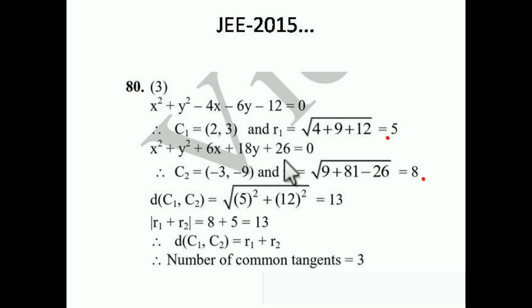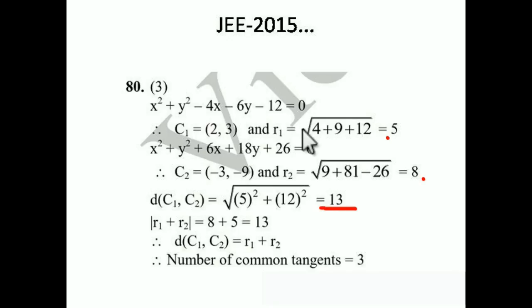Now for finding the common tangents, we just have to find the distance between the centers. The distance between the centers is C1C2. Let's do that. 2 minus minus 3, that is 5 square, plus 3 minus minus 9, that means 12 square. So it is 13. Now the distance is 13.